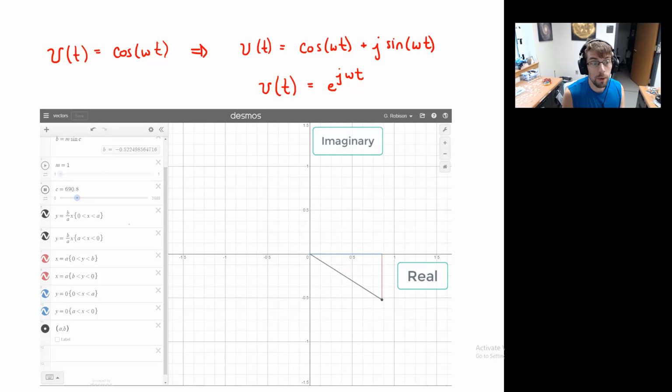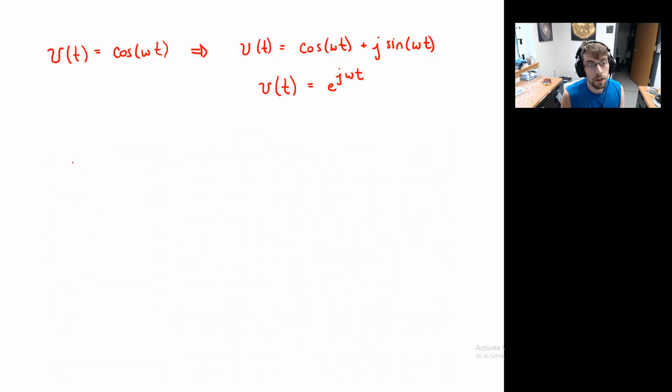Well, now we have our potential across the capacitor equal to Q over C. Let's plug it in. So we have e to the j omega t equals Q over C. We're interested in the current, so we'll take a derivative.